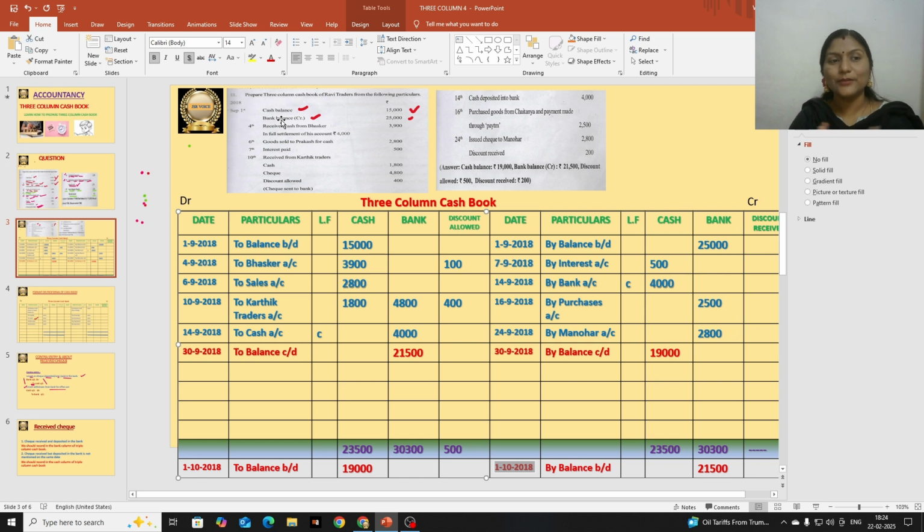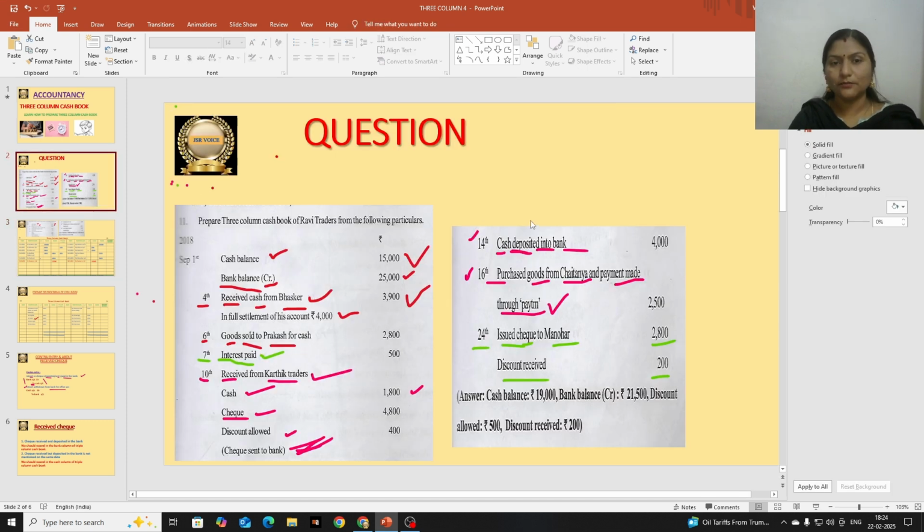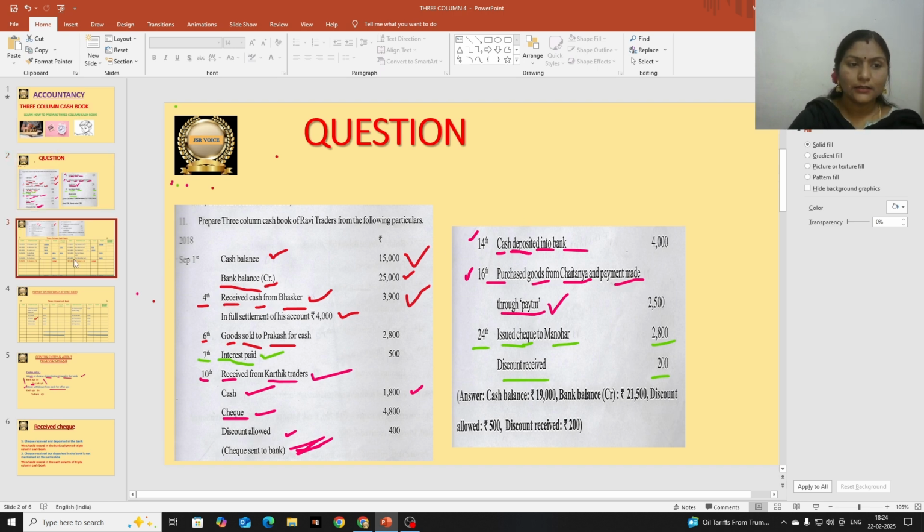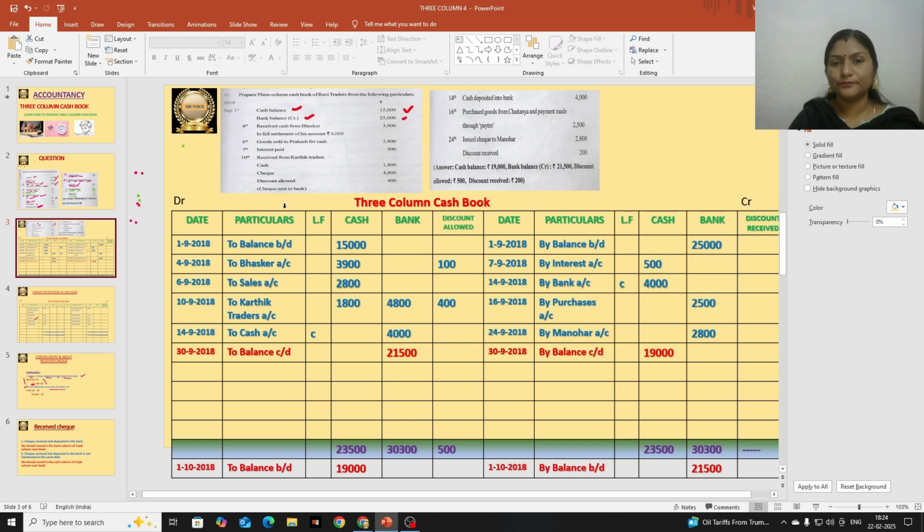Okay, so let me show the question, answer, everything once. Here, this is the question that we took for solving. And next, this is the solution that we did now. On the top I have given the question also for immediate reference.